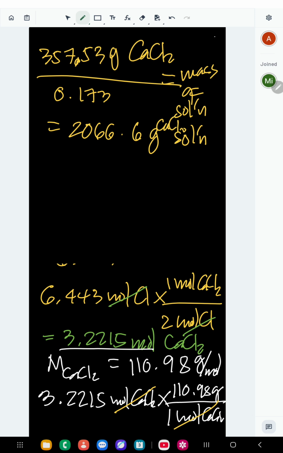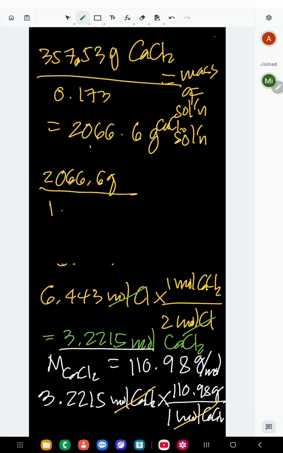But take note that we are asked for the milliliters of the solution. So you convert grams to milliliters. We're given the density, right? So that's the use of the density there. 2066.6 grams, we divide this by the density to get the volume.